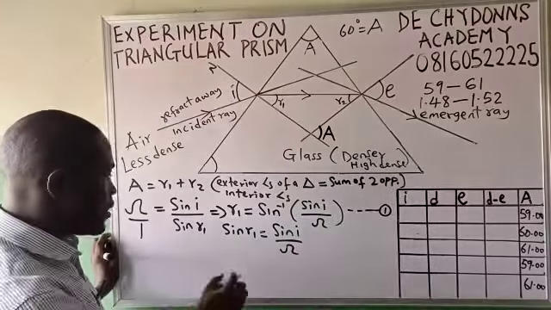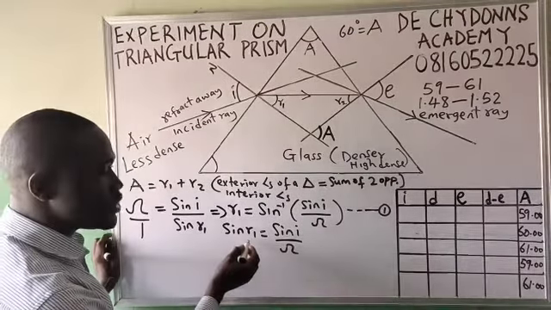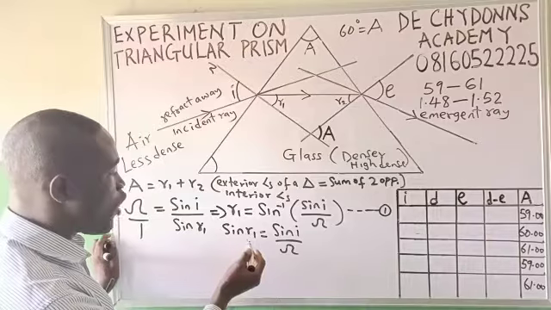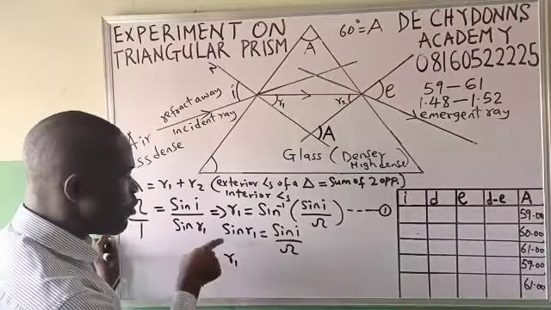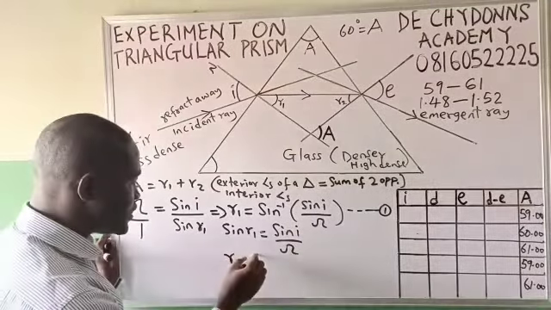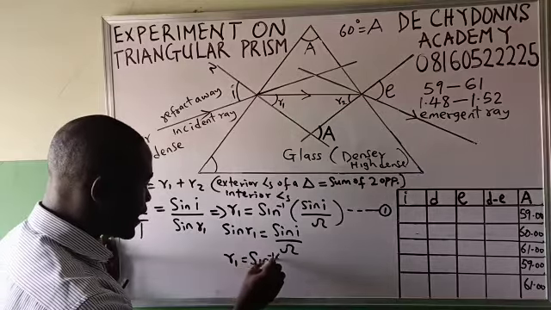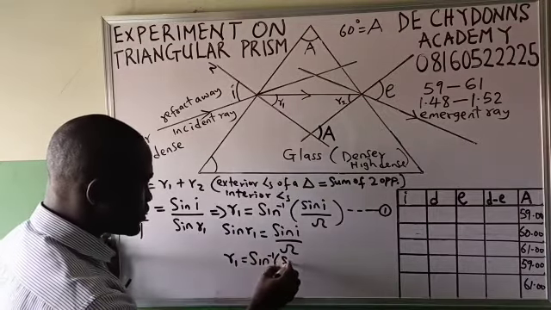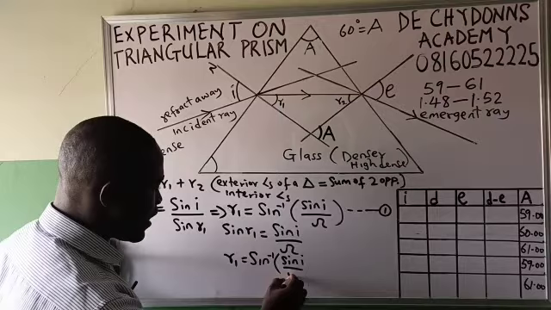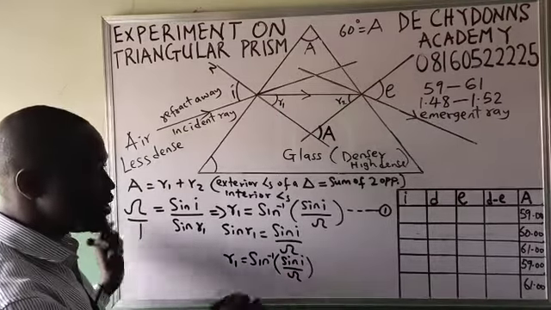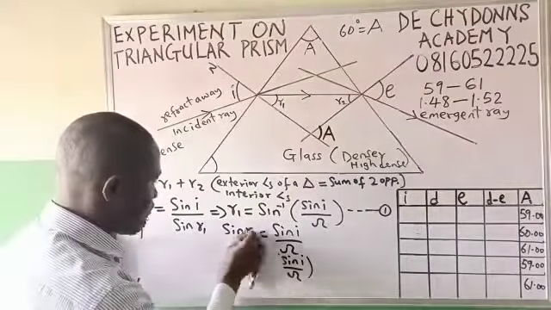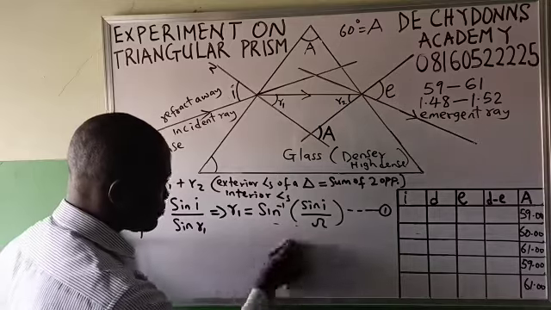Then, making R1 the subject of the formula, to remove sine here, we take sine inverse of the other side. You have sine I over refractive index. Please note it.